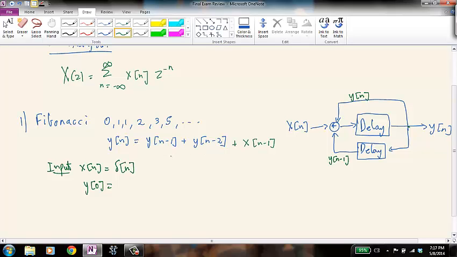And y is obviously 0 for negative time. You had no rabbits in negative time. You introduce a rabbit couple at time 0. So, okay. Is everyone with me? Okay.